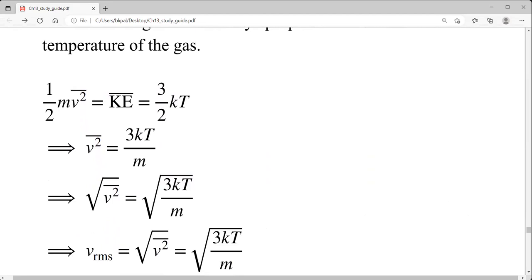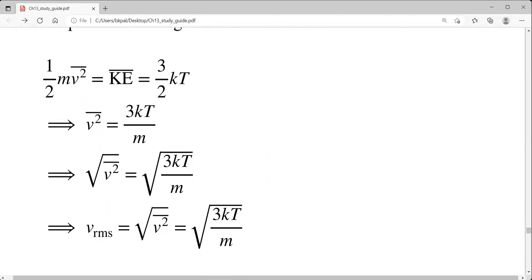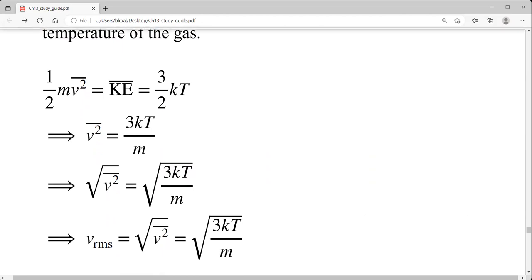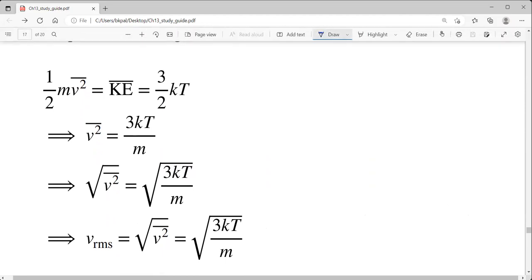All right, now I want to derive an equation for speed. To do that, we need to know that the average kinetic energy is equal to half m times the average v squared.